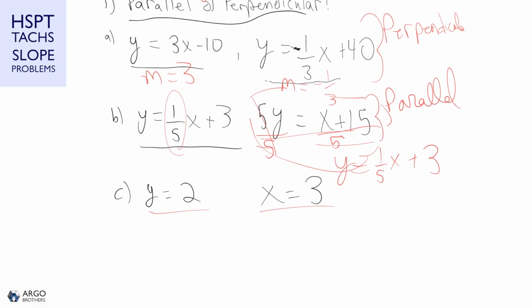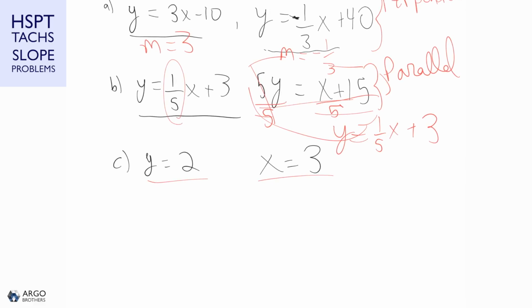Now for the last one, we have y equals 2 and x equals 3. For this one, you're not really going to use a y equals mx plus b method. You just need to realize that if you ever have a line where the equation is just y equals a constant or x equals a constant, that means it's going to be parallel to the x-axis or parallel to the y-axis. So what do I mean? Let's check y equals 2.